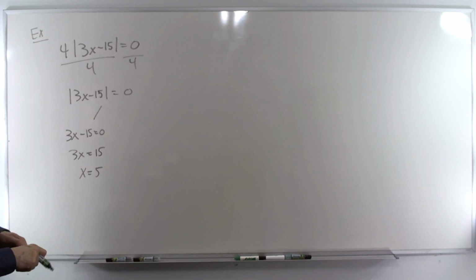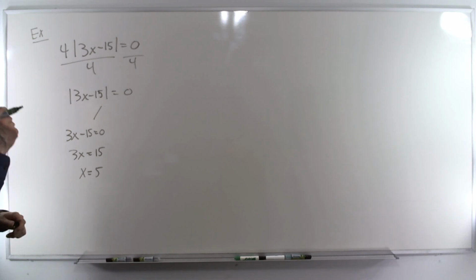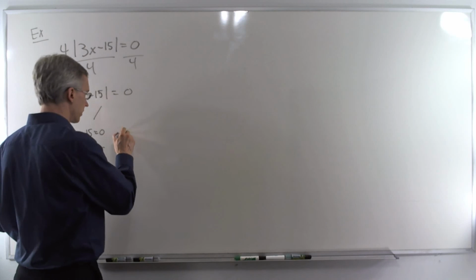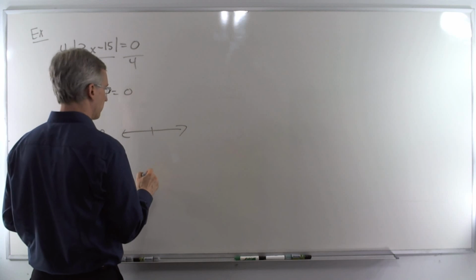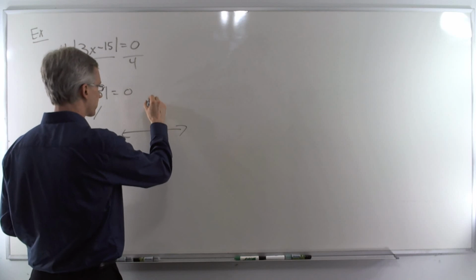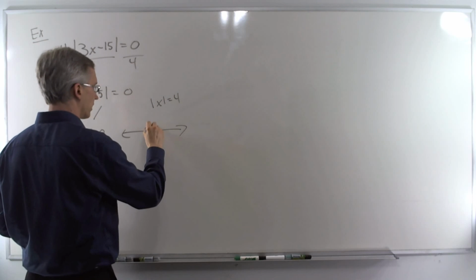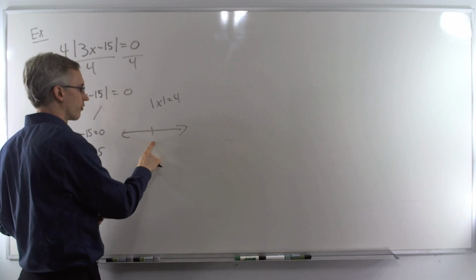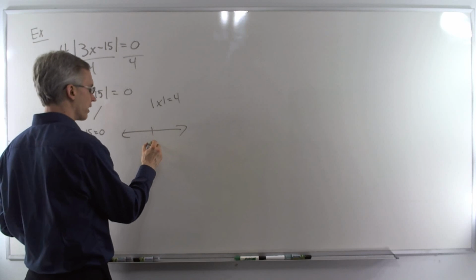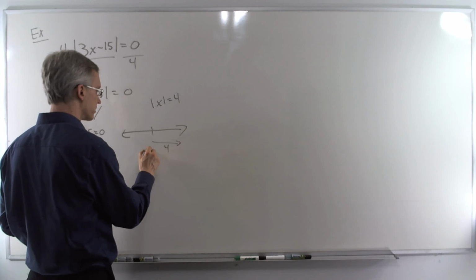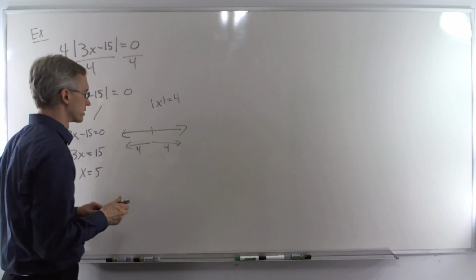And if you think about it, this makes sense because let's say we had absolute value of something equals 4. We're talking about points that are 4 units away from 0 on the number line. So we could go this way, 4 units, or we could go to the left, 4 units.